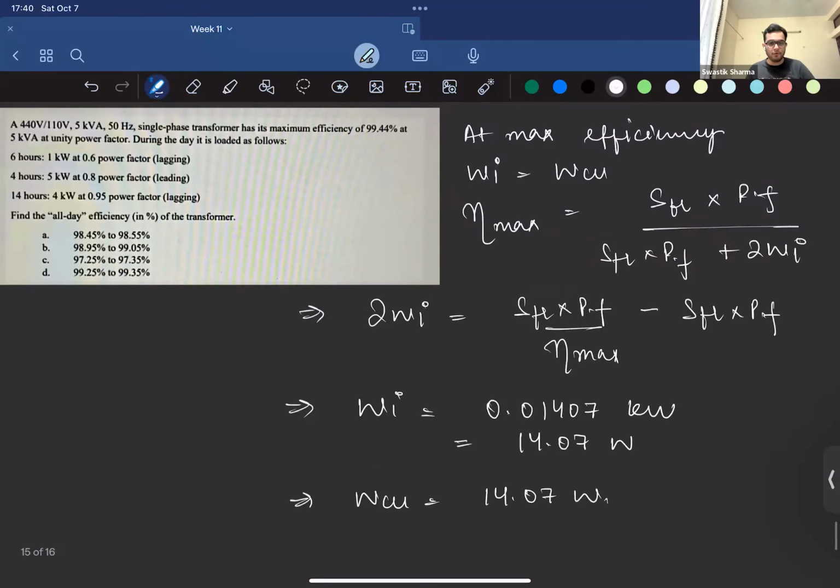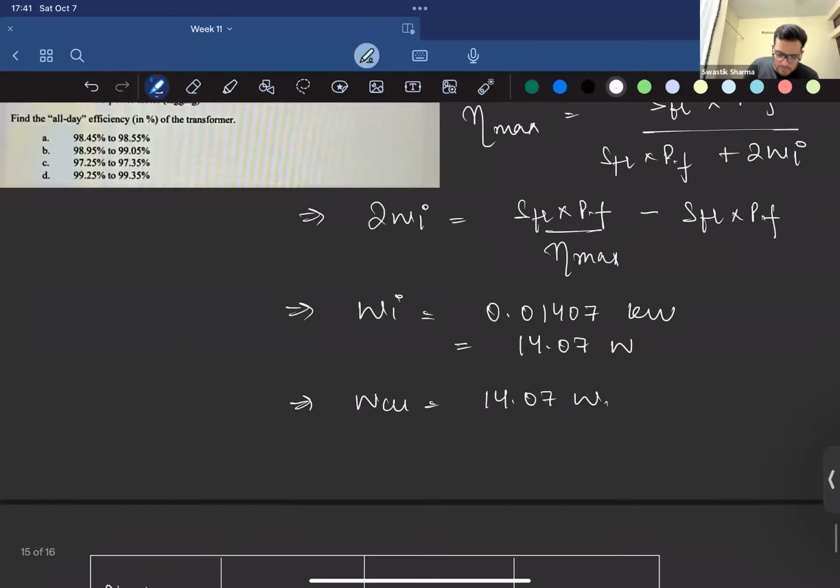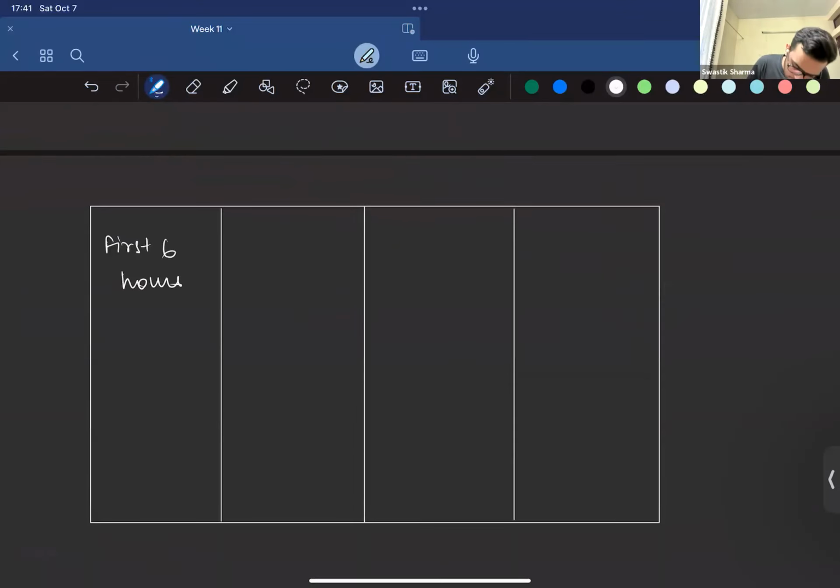We have 1 kilowatt of load at 0.6 power factor lagging, right? So that means S is what? 1 upon 0.6, which comes out to be 1.67 kVA, right? That means X comes out to be 0.33, right?